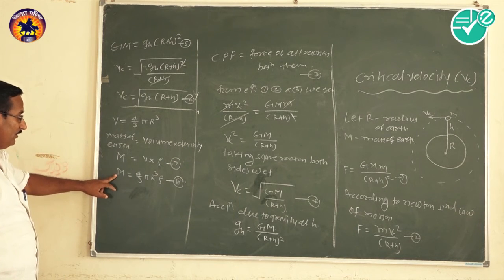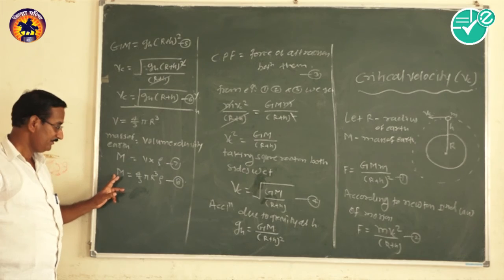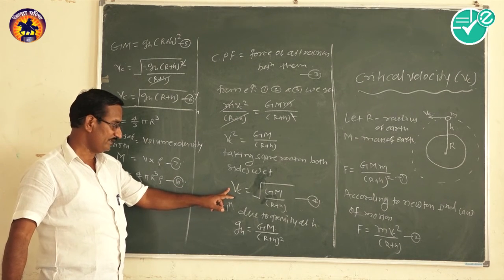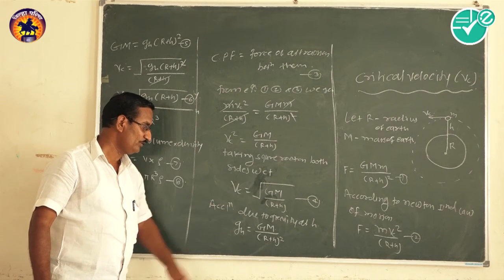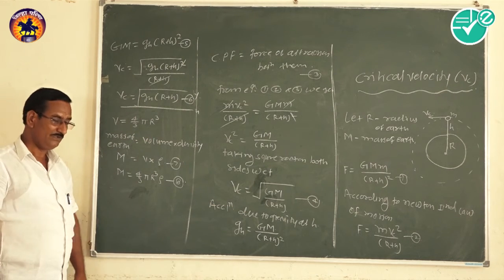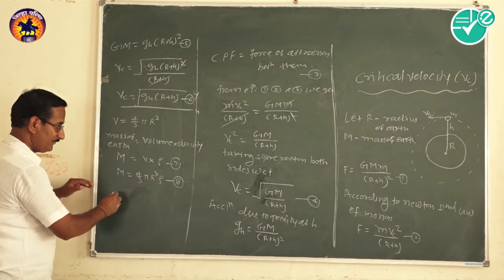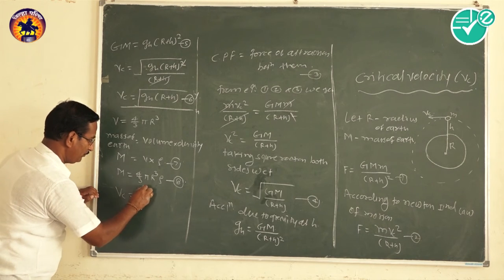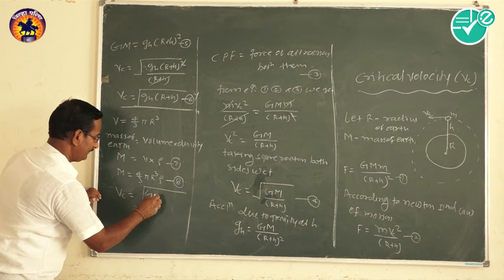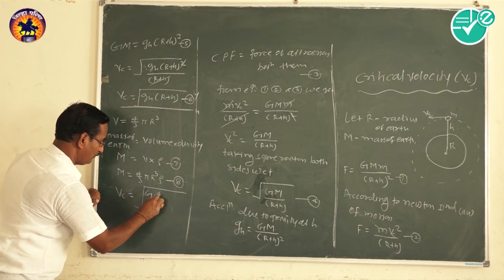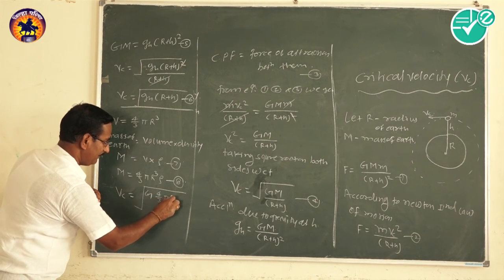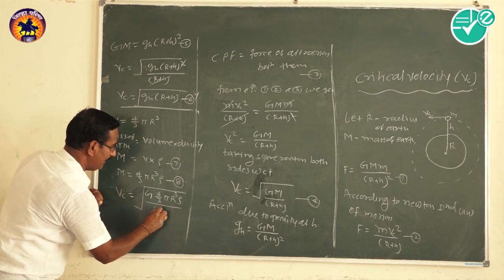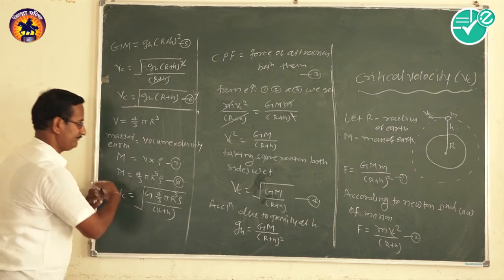Then this value of the mass of the Earth in terms of density is put in equation 4, that is Vc equals under root G capital M upon (R plus h). So Vc equals under root G, then value of M, 4 by 3 pi R cube rho, divided by (R plus h).